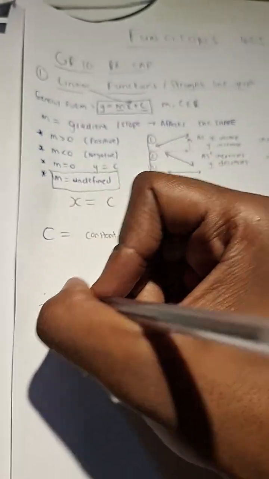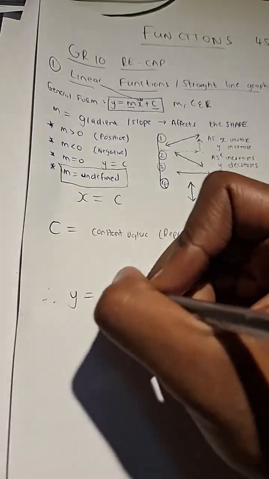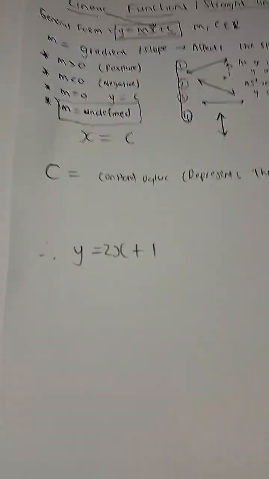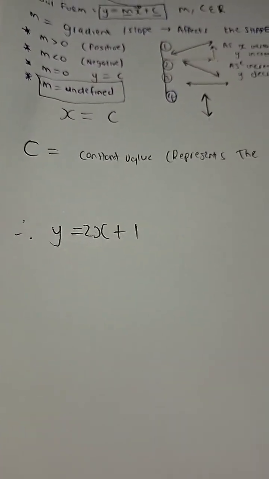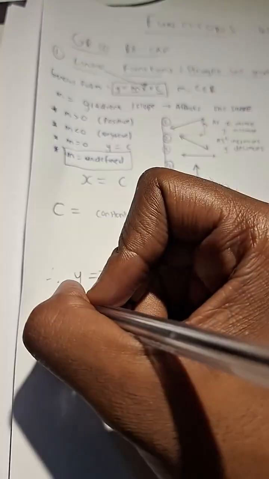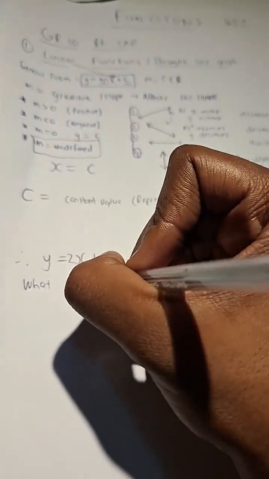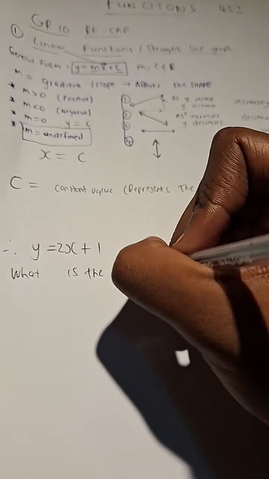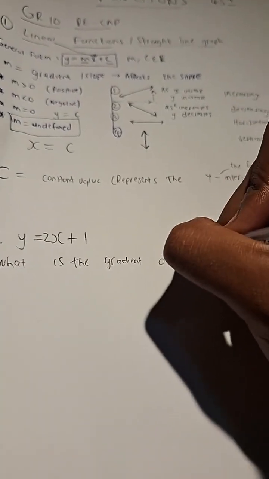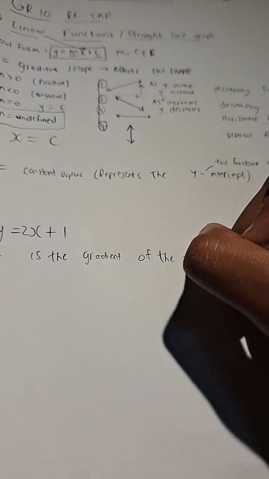So let's look at this, guys. Just an example. If I have this as my function, y is equal to 2x plus 1, I have a question for you. First and foremost, what is the gradient of the function? Maybe you can answer me that question.